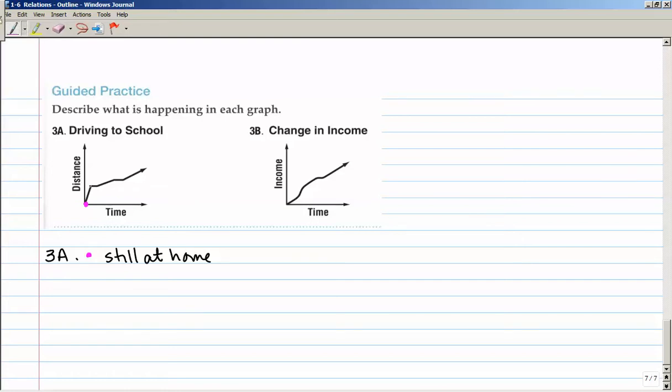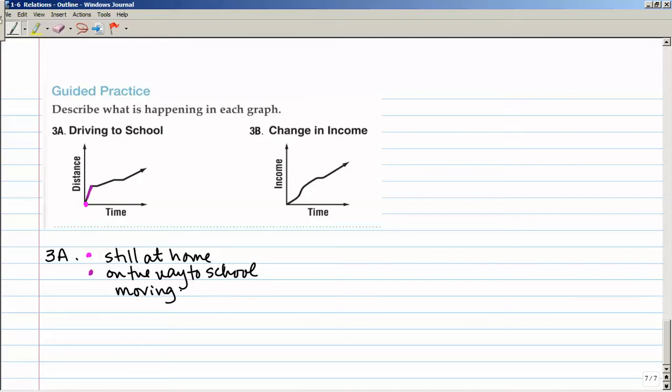On this part of the graph right here, notice it's fairly steep. I'm traveling at a pretty good pace there because time is not increasing very much, but my distance is. So I'm on the way to school, probably moving pretty fast.